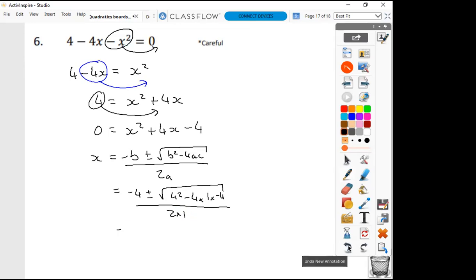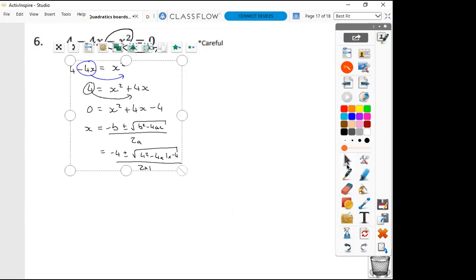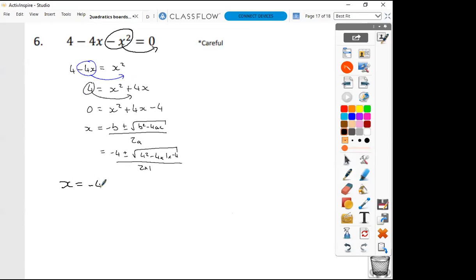So my 2 equations, a wee bit smaller. 2 equations would be x equals -4 plus, and that would be 16 plus 16, so it would be root 32 over 2, and x equals -4 minus root 32 over 2.